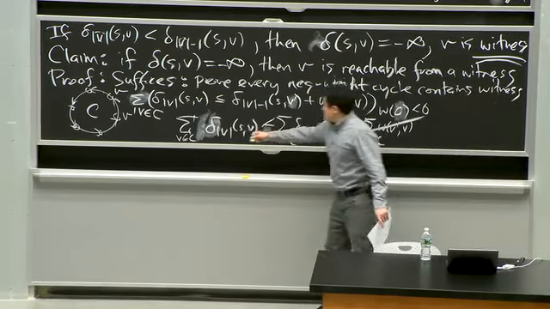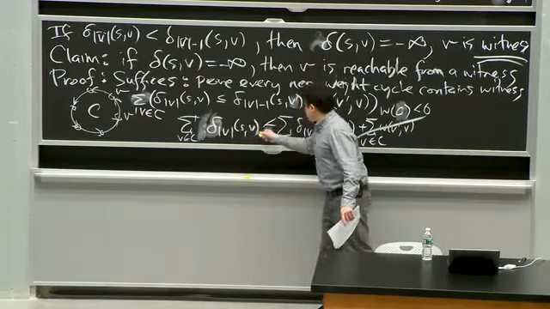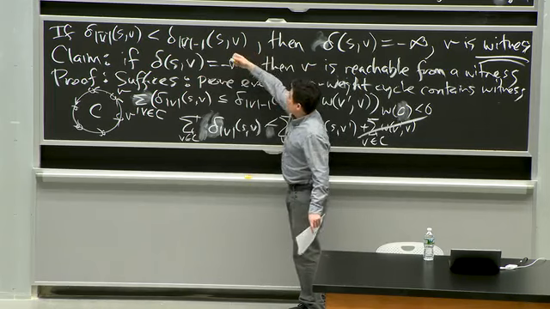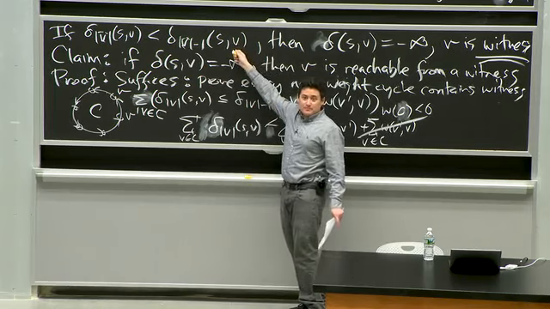But if the sum of all of these is strictly less than the sum of all these, we can't have none of the vertices in my graph not satisfying this property.